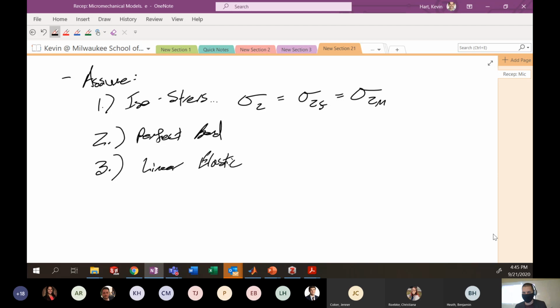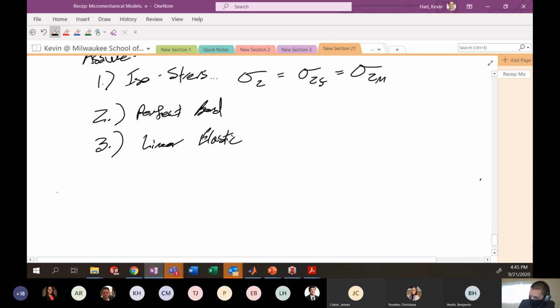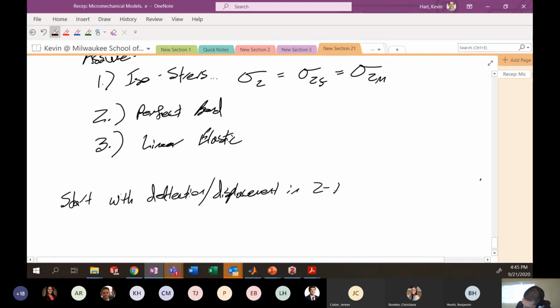All right. So what we're going to do is consider what's going on with the little model, and we're going to start with the deflection or displacement in 2 direction.